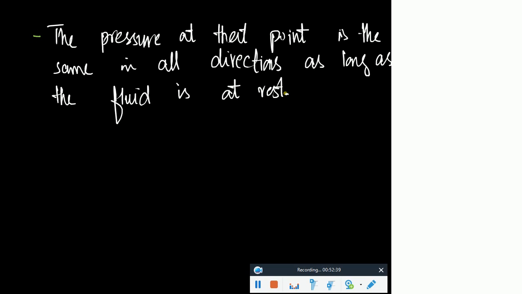Within the system. Yes, within the system, obviously. Do you associate anything like direction with pressure?